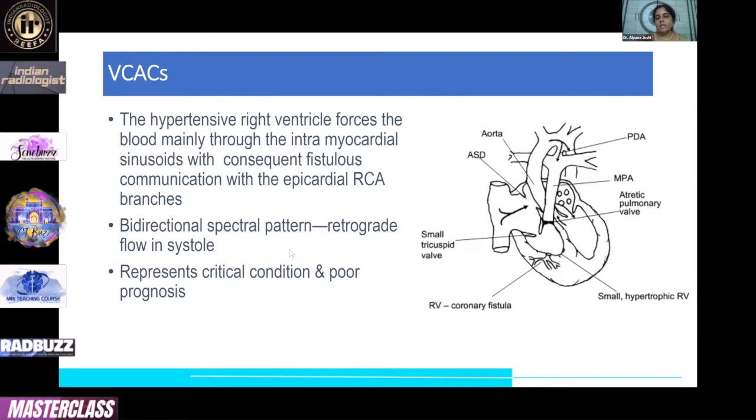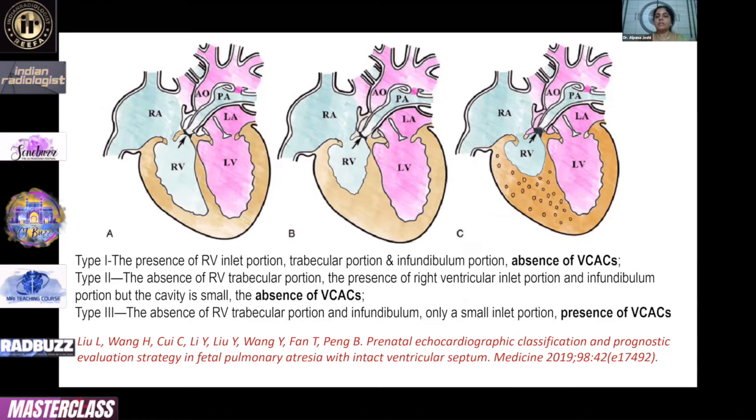Of course, these VCSEs are seen not in all cases of PIVS, but in about 1/3 cases. And that's why, again, like TAVSD, we can say that there are 3 types. Again, it is not possible to distinguish them in fetal life, but it is not a rule that all cases of PIVS will have ventricular-coronary communications.